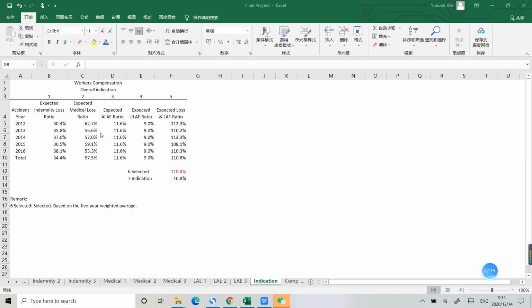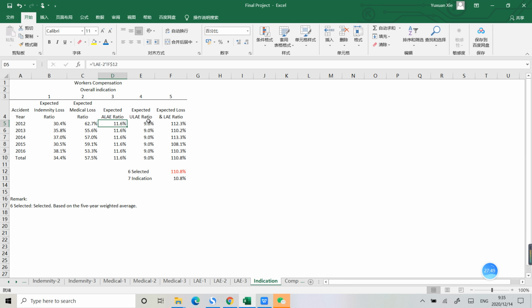Okay, we changed. We use another type of the numbers. Use percentage to show clearly, and the expected medical loss ratio is from the medical 3 sheet, and the expected allocated loss adjusted expense ratio is from the loss adjusted expense 2 sheet, and we choose the selected ratio.